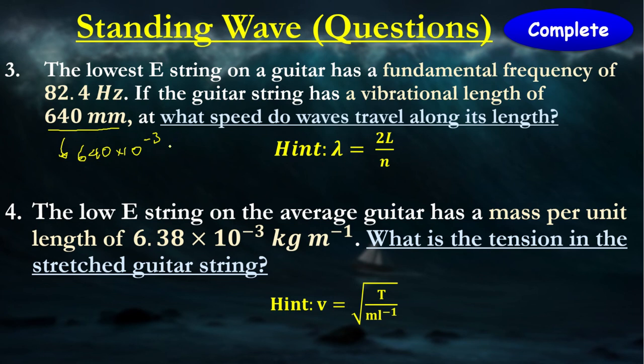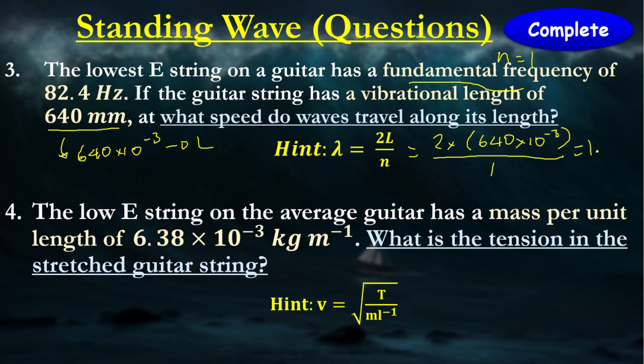We know the length of vibration of the string is L, so the wavelength we're going to generate is 2 times 640 millimeters, 10 to the minus 3, divided by n. Because we are at the fundamental frequency, n is equal to 1. So the value we get for the wavelength is about 1.28 meters.